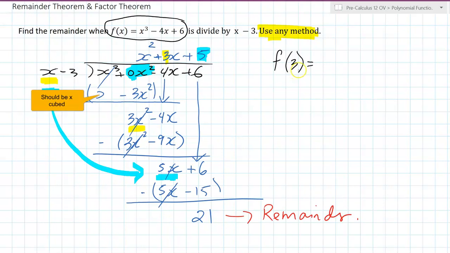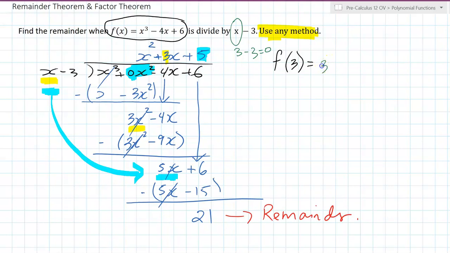Now, why did I choose 3 in here? Because x minus 3, to make it 0, 3 minus 3 will make it 0. So I am going to choose x equal to 3 to plug it in there. Let's see what happens and do the math.